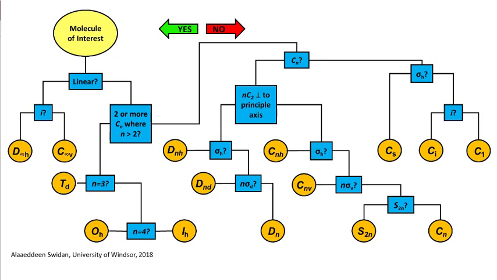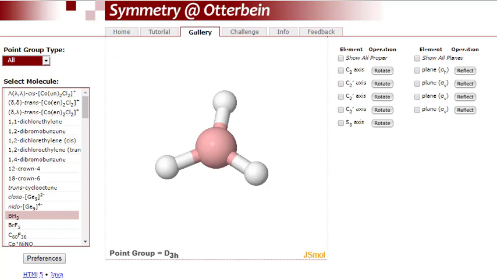In this tutorial, we'll be using two tools. The first one is this right here, which is the flowchart to assign point group symmetry. And the second thing is from a website, and that is this right here. I'll leave the link in the description below. And this is a great site.